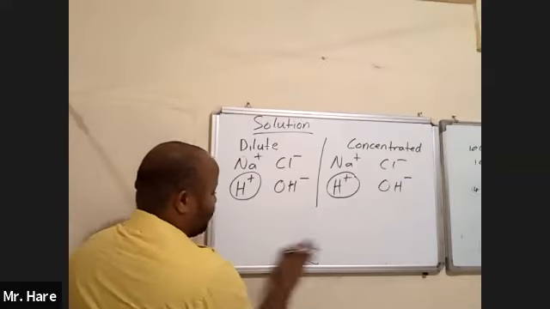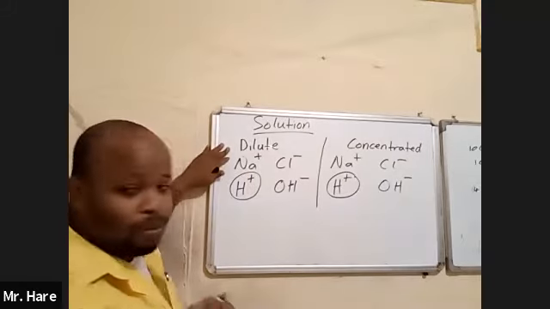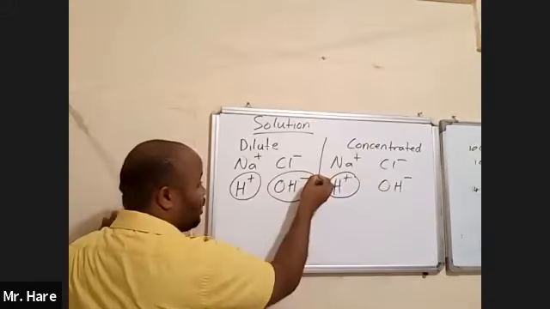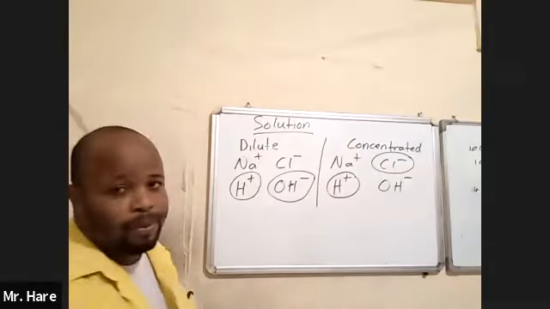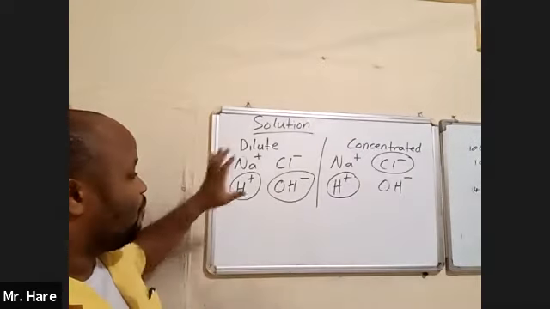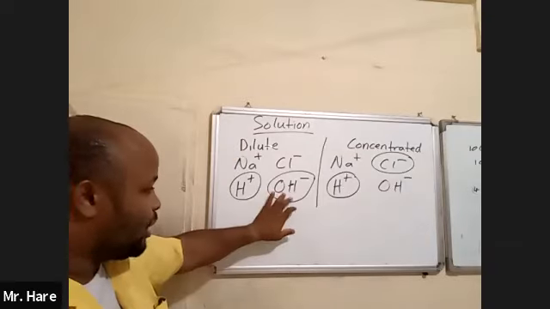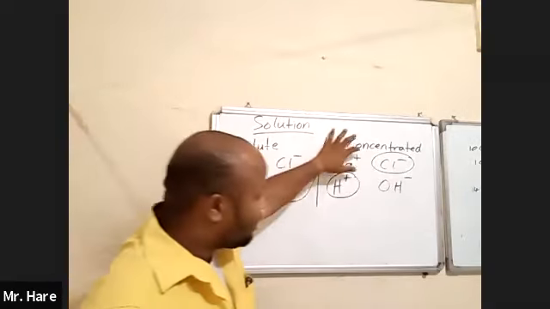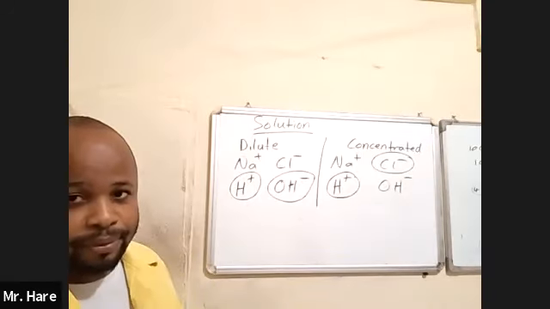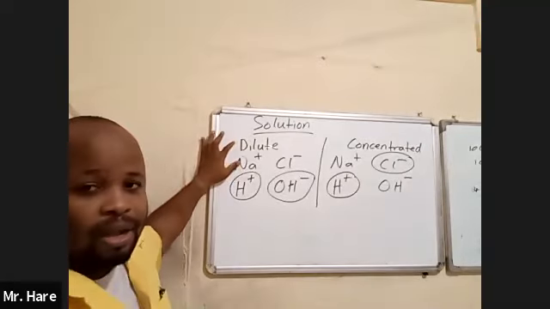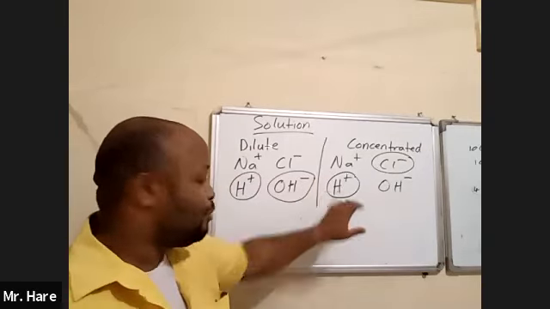Now for the negative ion, just remember this: if it's dilute, the hydroxide ion will take part. If it's concentrated, the negative ion of the salt will take part. But for the positive ion, all we're looking at is the position in the electrochemical series.